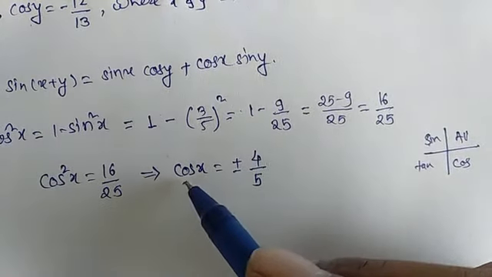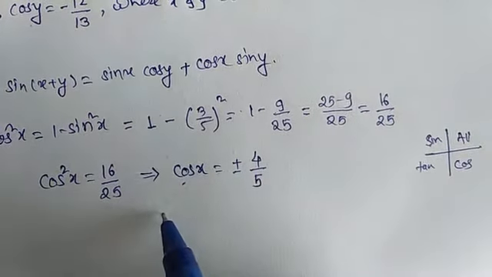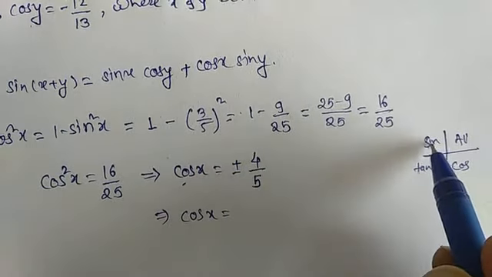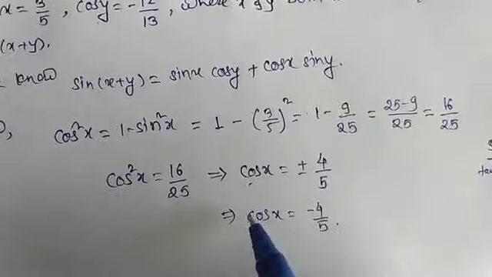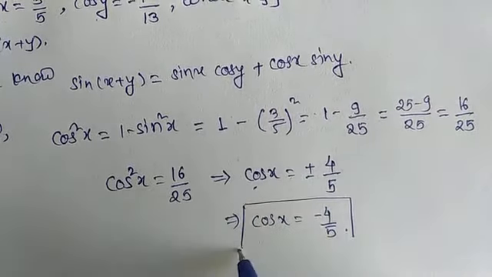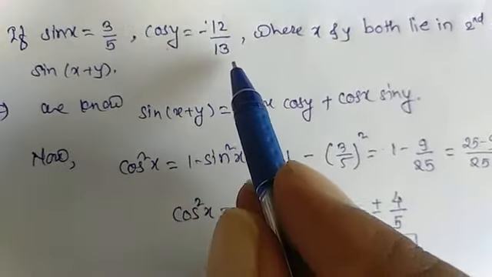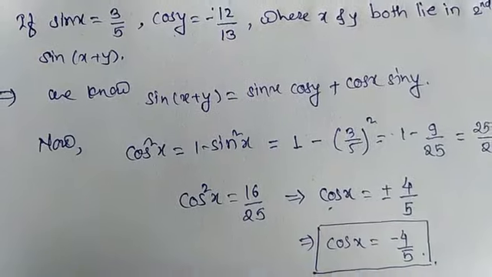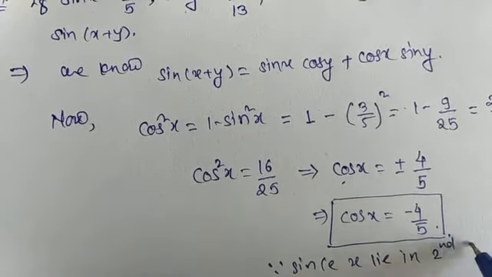So cos x is equal to ±4/5, which means we have to take cos x positive or negative. Here it is negative, so we take −4/5. So the value of cos x is −4/5. Similarly, you are also given that cos y is equal to −12/13. Here write it down, since x lies in the second quadrant.